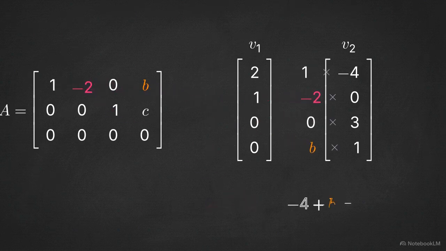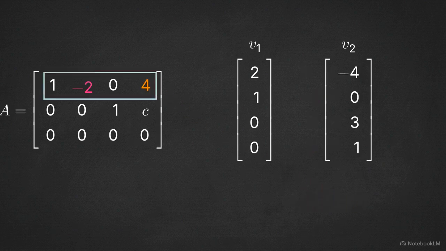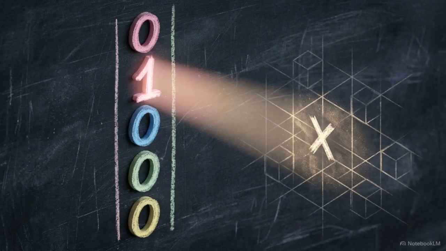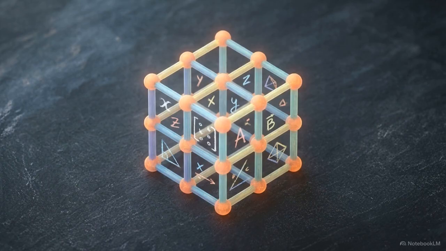Repeating this with the second solution vector gives -4 plus B equals 0, establishing B as 4. The zeros and ones inside the solution vectors isolate specific columns, allowing us to solve for each variable independently. Fundamental solutions act as geometric constraints that dictate the exact content of the coefficient matrix.